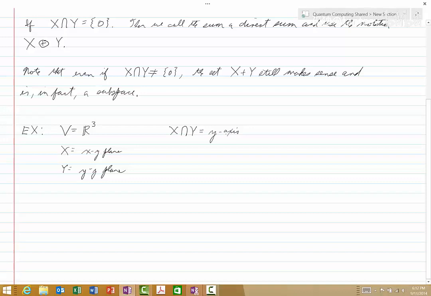Since the intersection of X and Y is more than just the zero vector, notice it does include the zero vector because, of course, the zero vector lies on the Y-axis, but the intersection is more than just the zero vector. So we don't call the set of all vectors that can be written as the sum of a vector in X and a vector in Y the direct sum. We merely call it the sum.